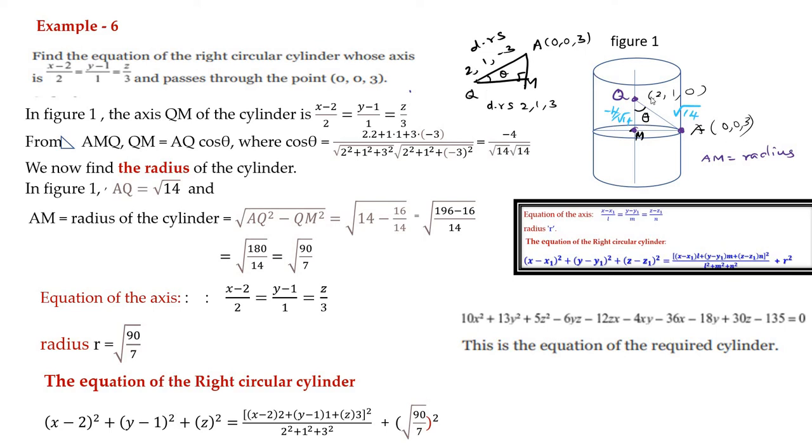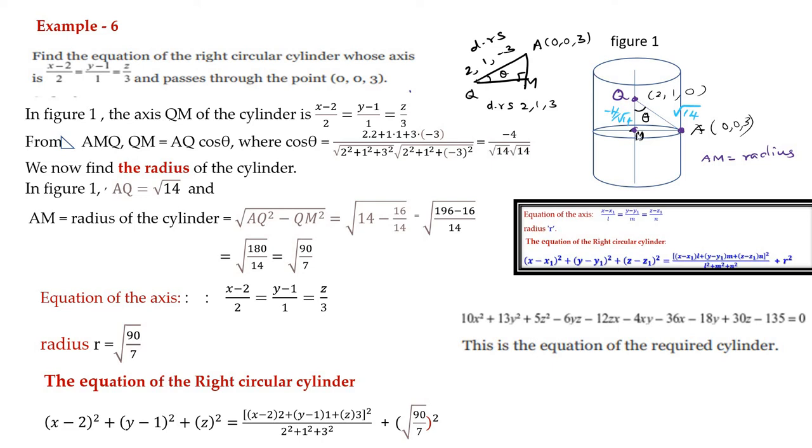So the drs of AQ, you just subtract. So 2 minus 0, that is 2. 1 minus 0, that is 1. And 0 minus 3, so minus 3. So 2, 1, minus 3. These are the drs of AQ.